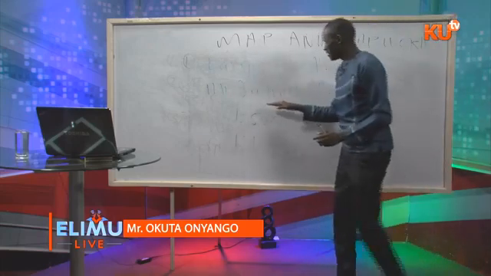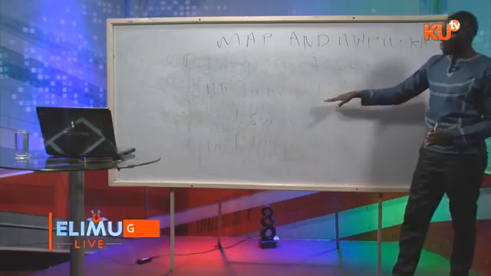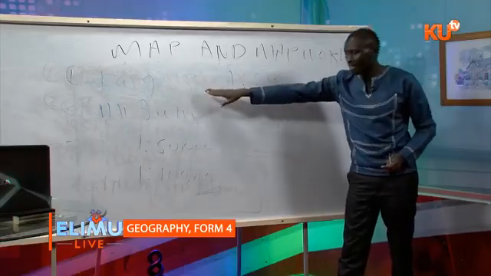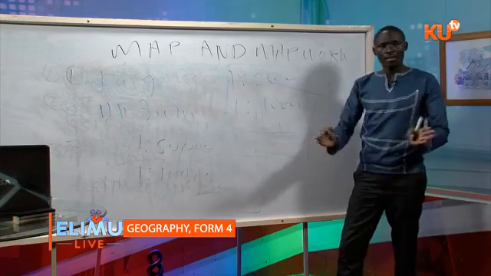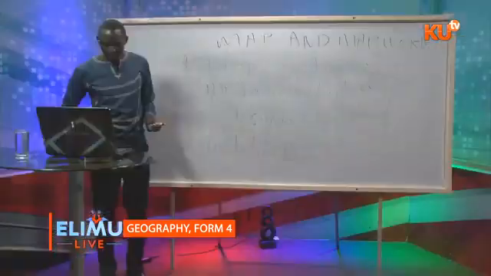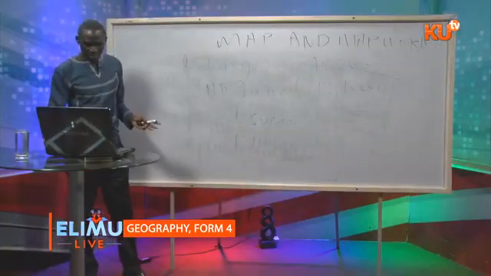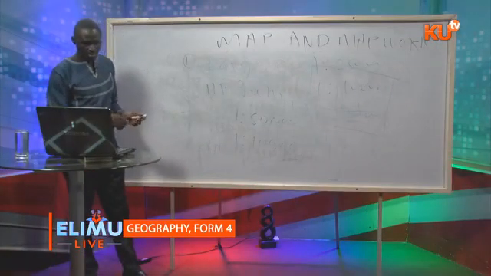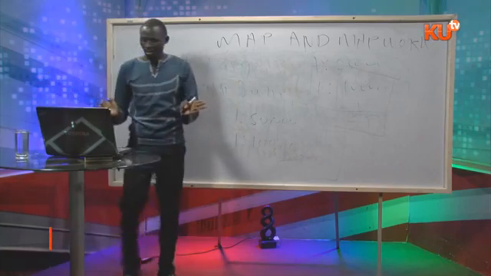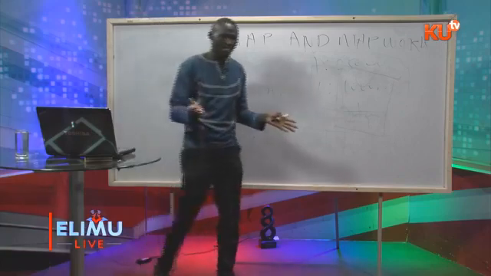Then the medium scales are used to draw maps or areas that are quite bigger than the areas found within the large scale. Then the characteristics of this medium scale is that they are normally focused on the region, district, or a city.